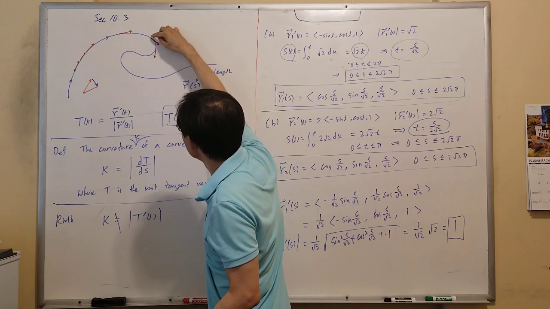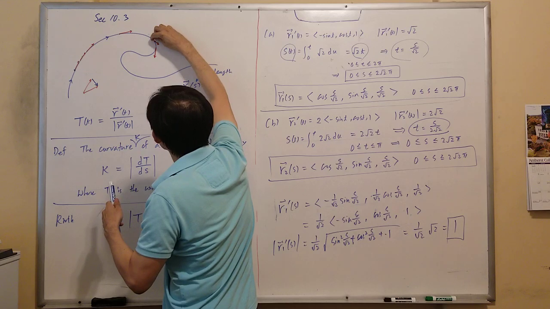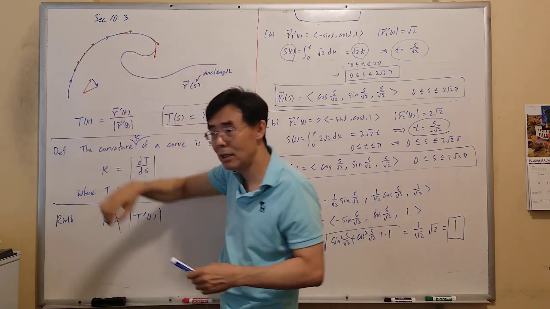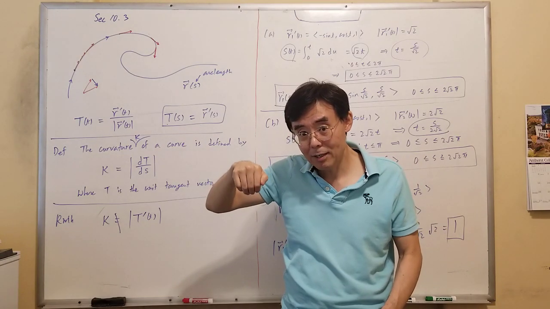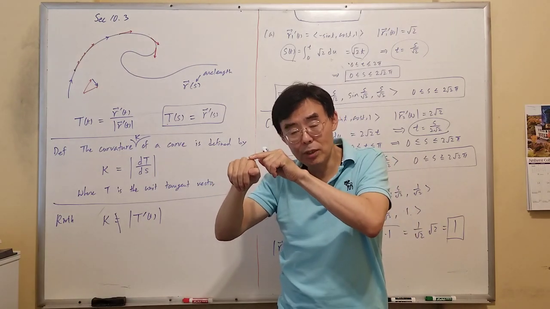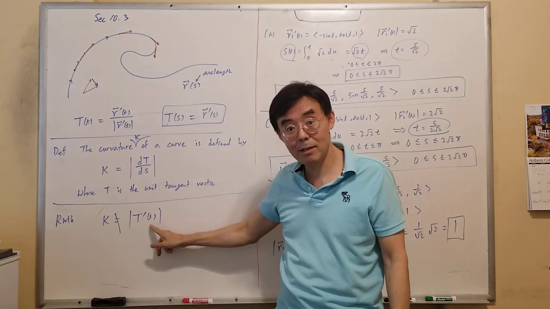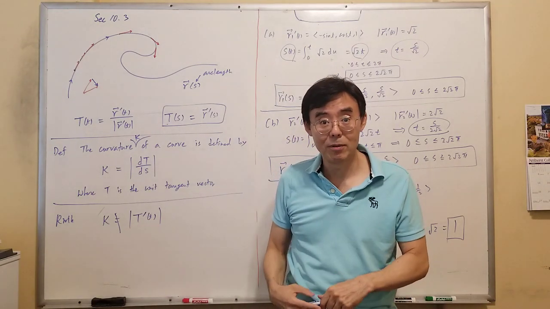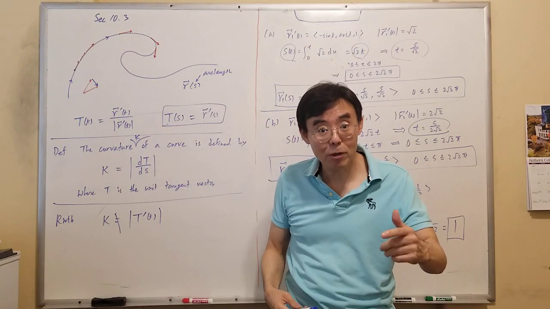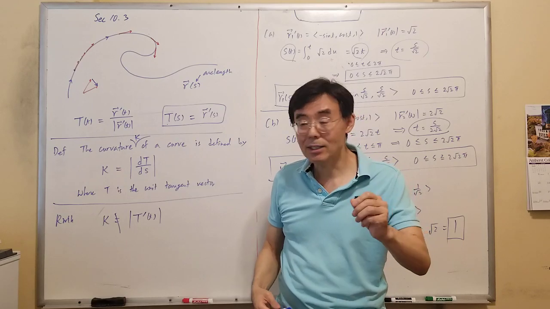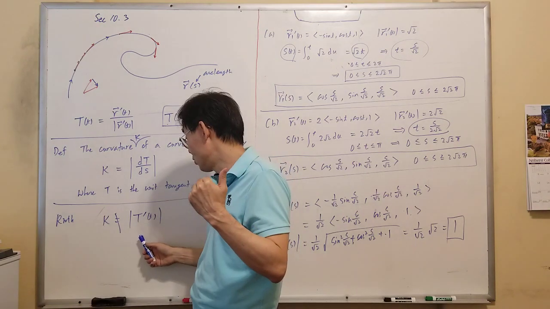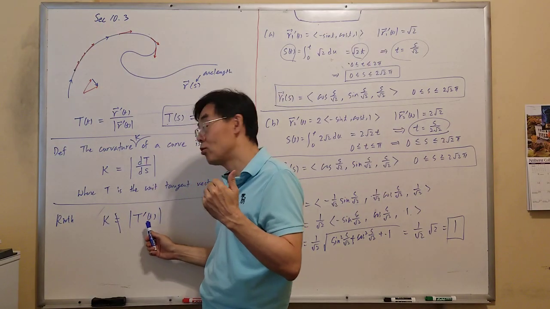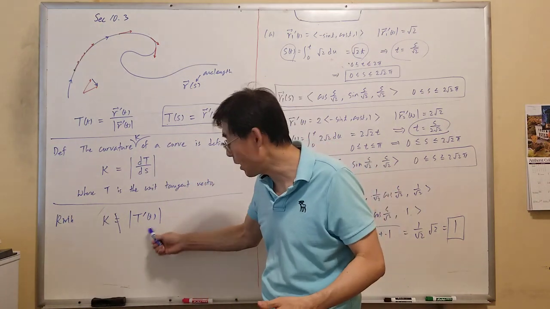Then over 1 second, you're going to move only to very nearby. So even though the curve is curving quite hard, because you're going through it really slowly, this can be very small. See, it's the rate of change per unit time. That's why it is not possible to measure the curvature of the curve using the derivative of the unit tangent vector with respect to time.